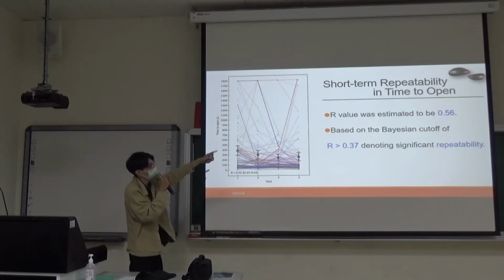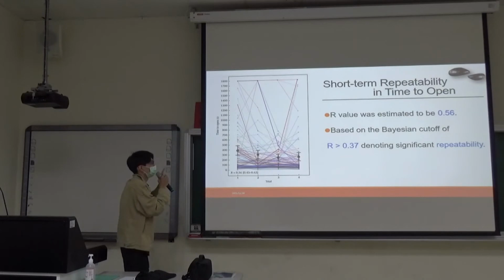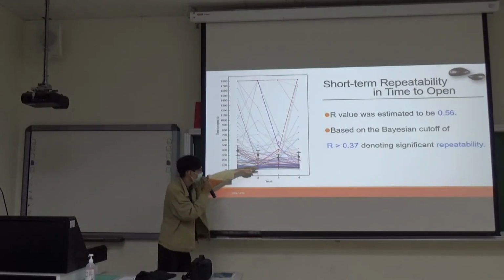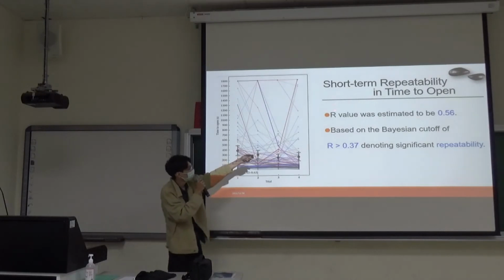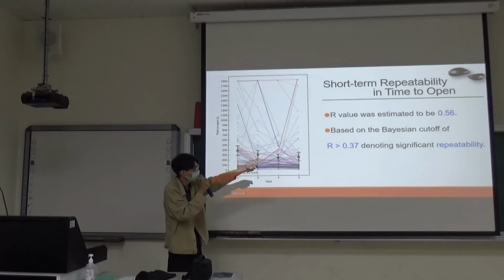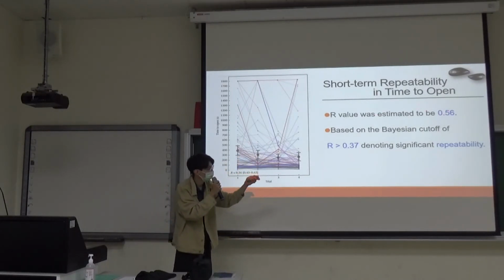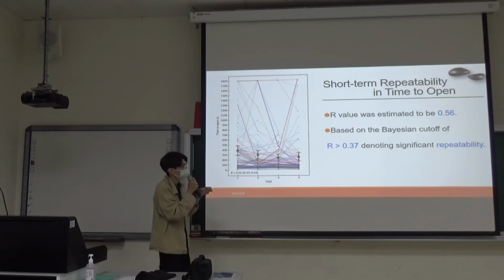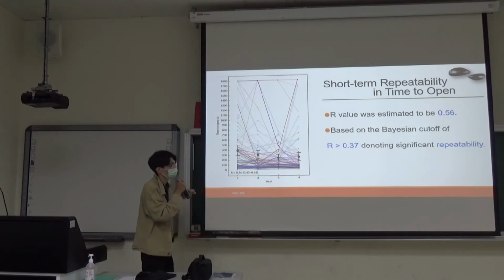Okay, let's talk about repeatability. The most important thing in this figure is the R value. The R value was estimated to be 0.56, based on this statistical method.